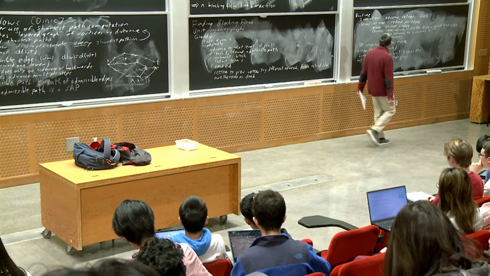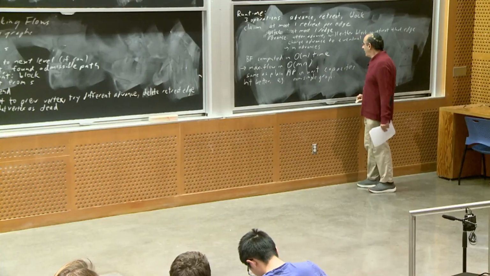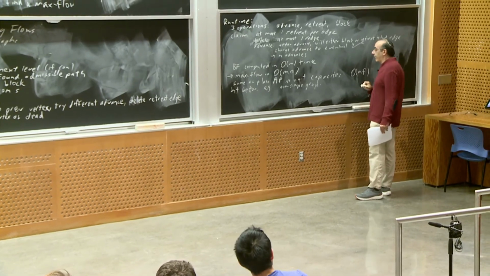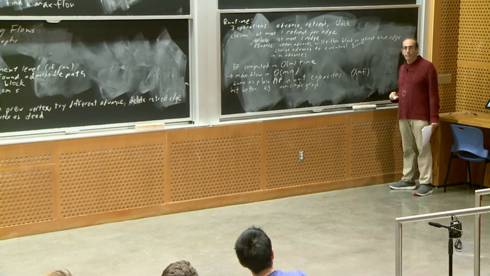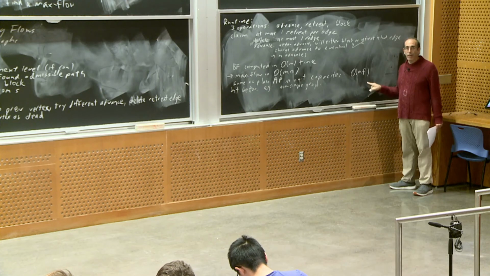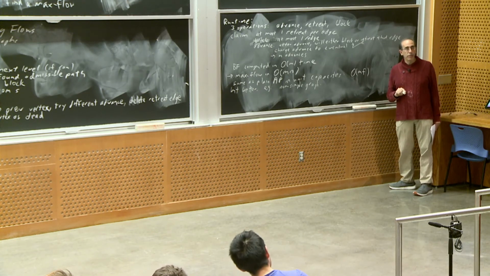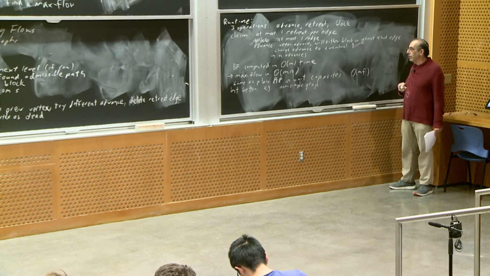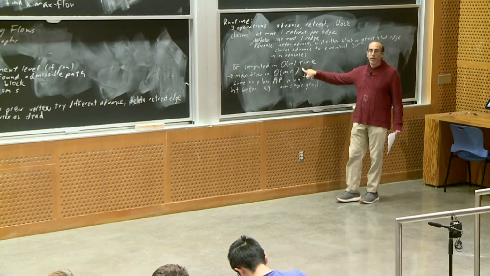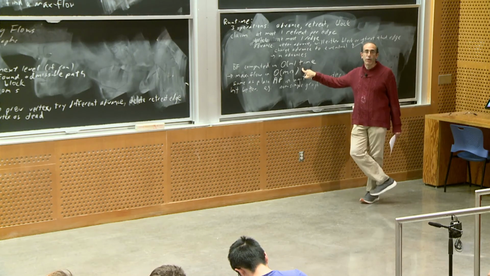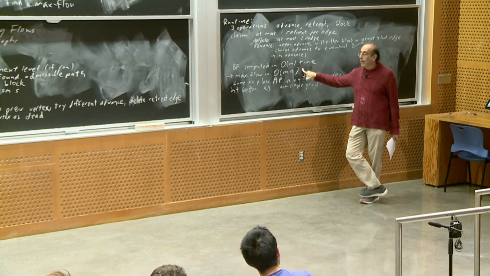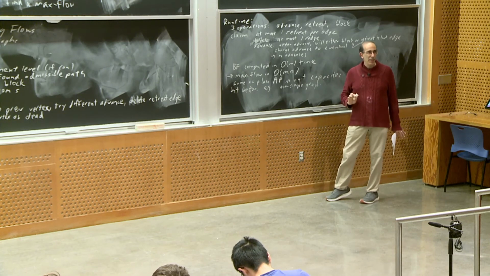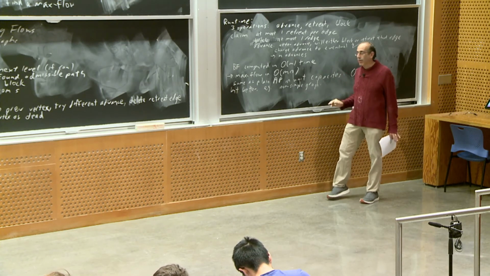The actual runtime of plain old augmenting paths is order m times the value of the flow. And if you have a graph with parallel edges, the value of the flow could be m. So this could be as bad as m squared. Whereas the blocking flow algorithm doesn't care about the value of the flow because it's focused on the distance between s and t. And so it achieves the mn time bound even if your graph is not simple. Okay.